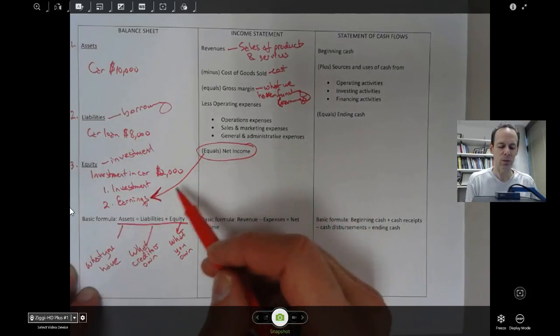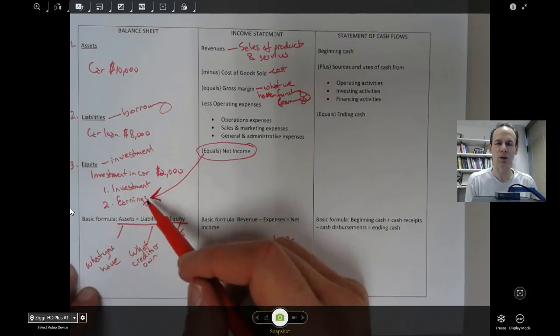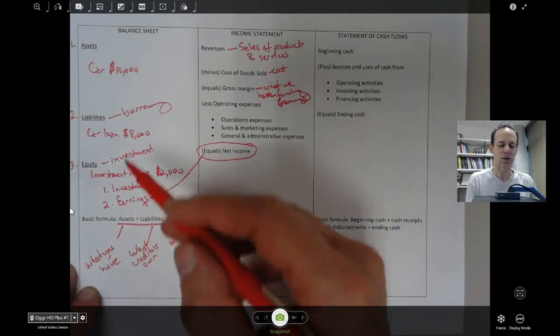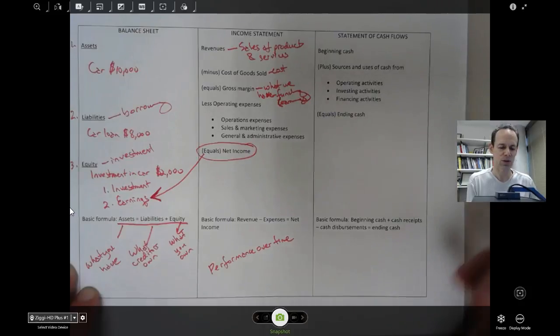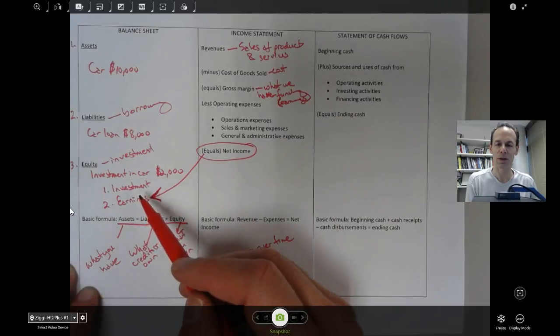And ultimately, we want our business to be able to generate earnings that will enable us to borrow money to buy more assets to continue to expand our business rather than to acquire it just from investment.